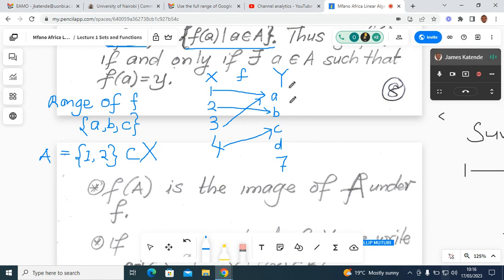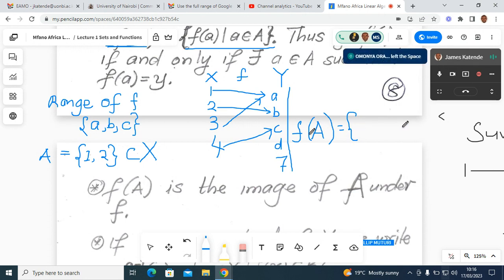So we can say the following. We want to construct the image of the set A, which is denoted as f of A, with round brackets. So how do we build this set f of A? We simply pick the images of all the elements in A and list them out here.